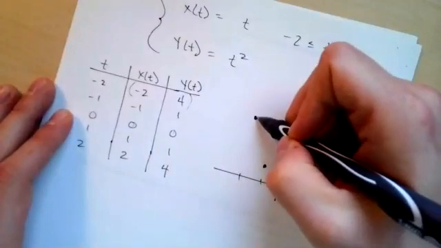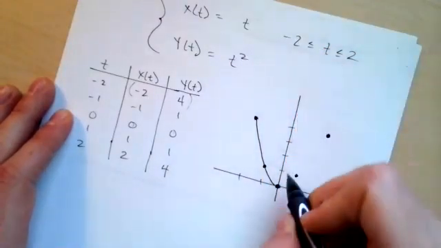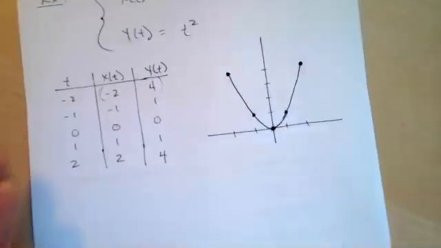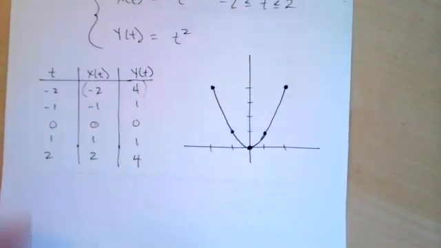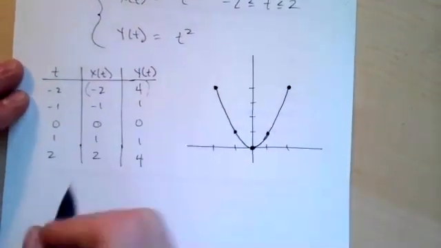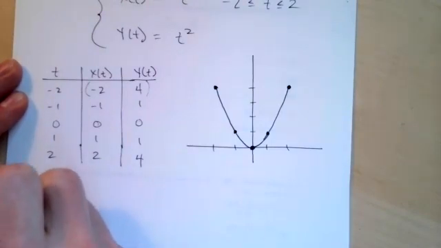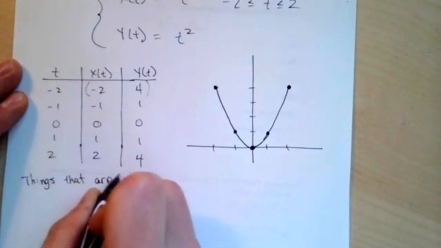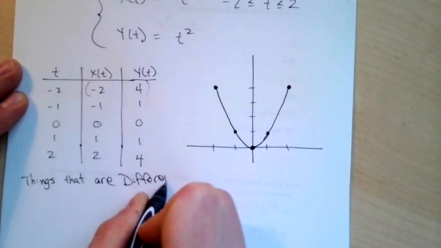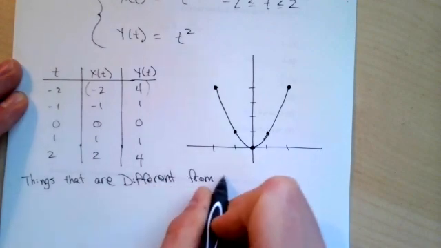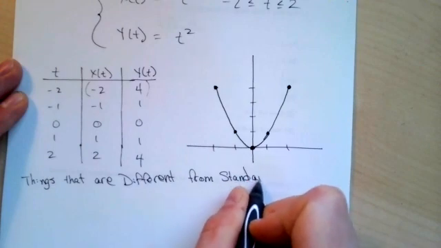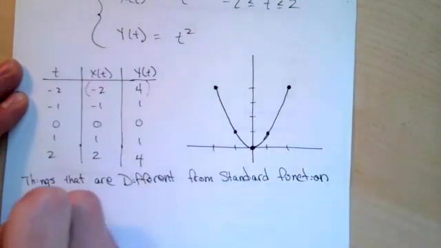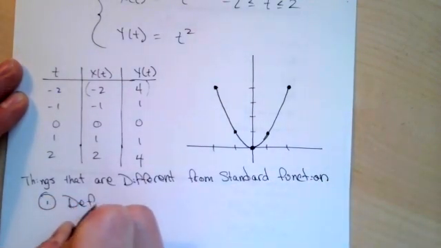And so the overall shape is going to be the same. So a few things that are different, while this is a parabola, first thing to note is we have a definite start and end point.